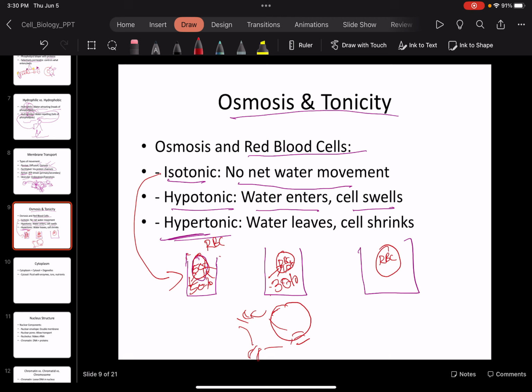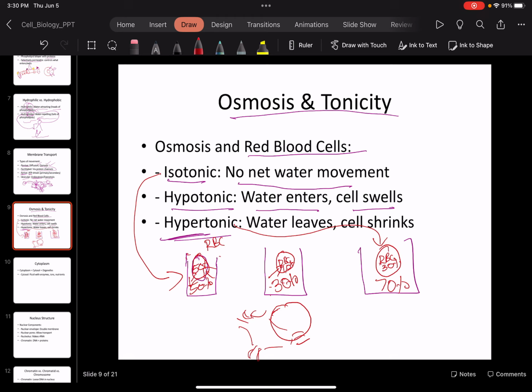Then this one is hypertonic. Outside the cell has more concentration, and the cell itself is less concentrated. This is a hypertonic solution. So what happens?